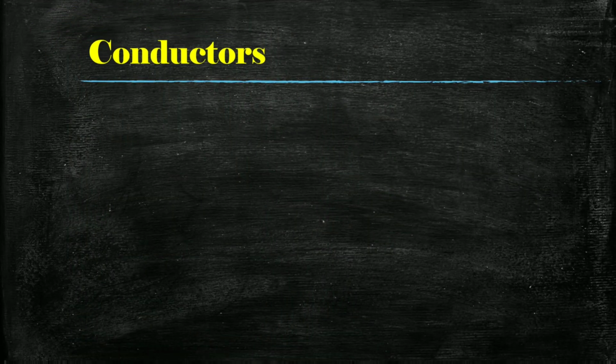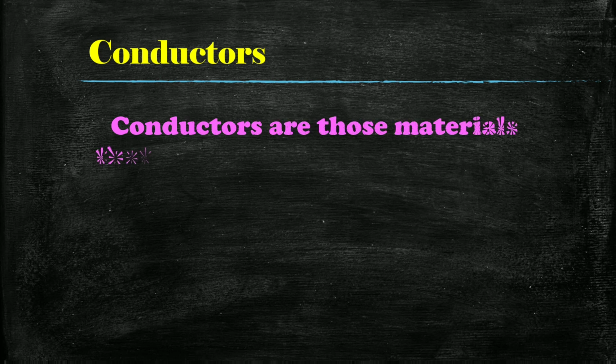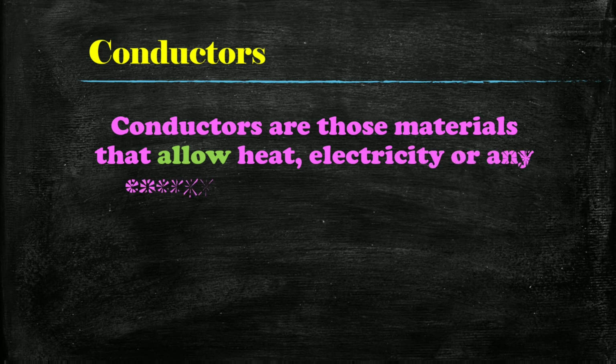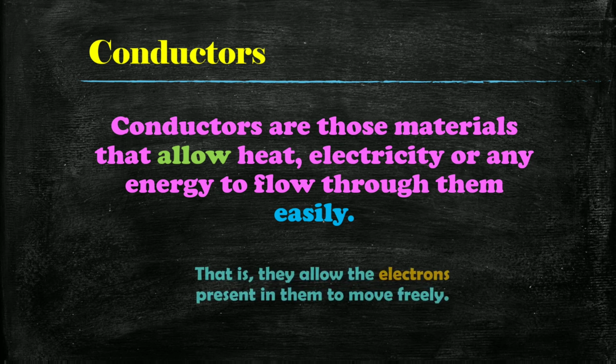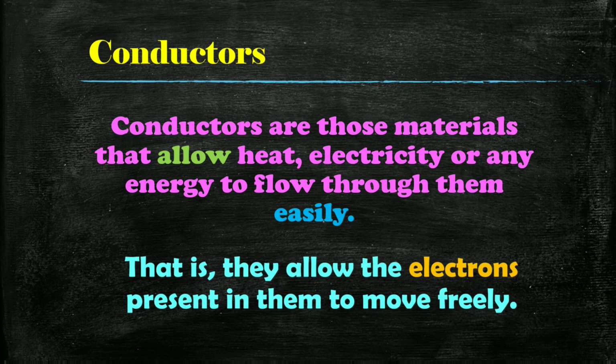What are conductors? Conductors are those materials that allow heat, electricity, or any energy to flow through them easily. That is, they allow the electrons present in them to move freely.